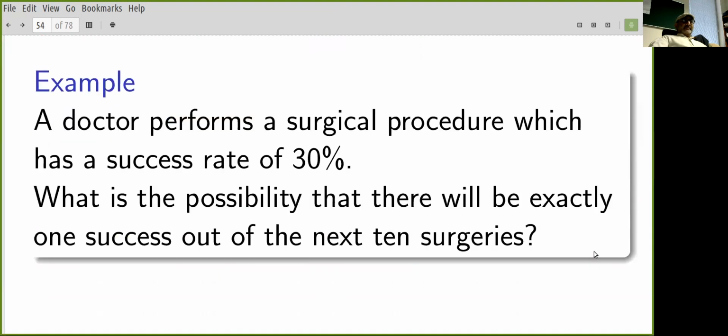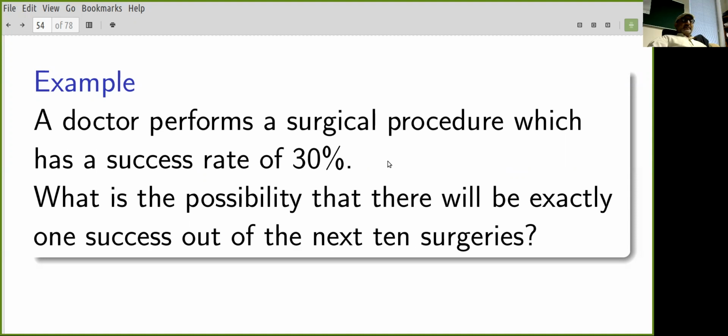Here's an example. A doctor performs a surgical procedure with a 30% chance of success. What is the probability that there will be exactly 1 success out of the next 10 surgeries? Here p is equal to 0.3, and q is 1 minus 0.3, which is 0.7.